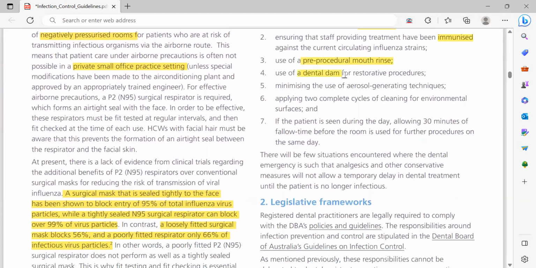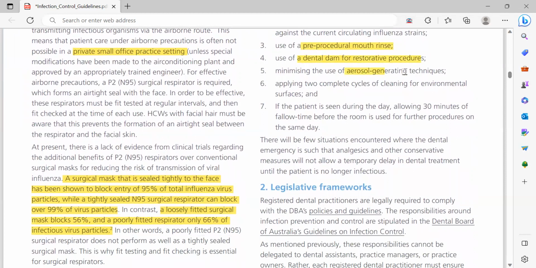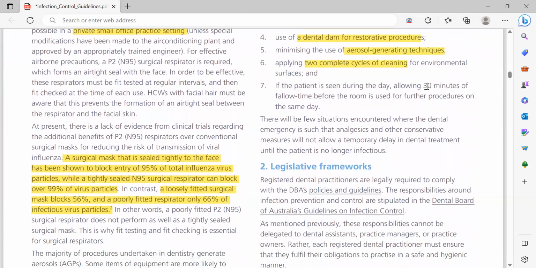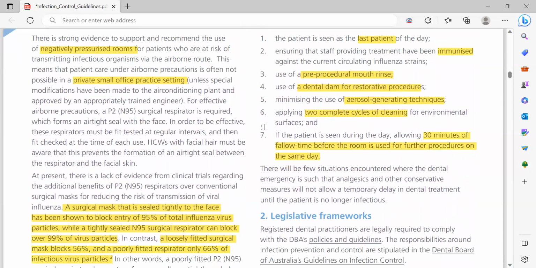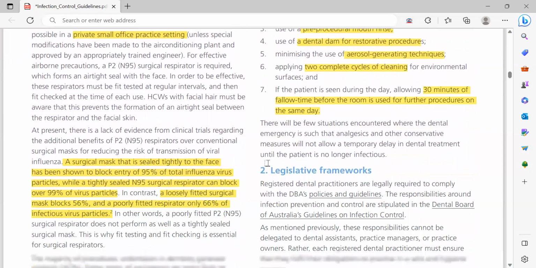Use a dental dam for respiratory procedures, minimize the use of aerosol-generating techniques, and apply two complete cycles of cleaning. If the patient is seen during the day, then allow 30 minutes of fallow time before the room is used for a further patient. So these are some of the additional things that you need to follow for a patient who has the risk of transmission-based infection.